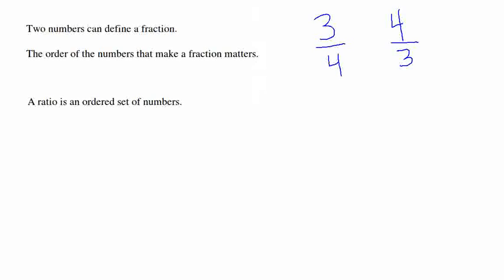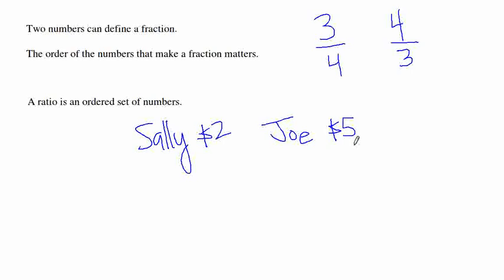All right? Well, suppose that you wanted to communicate how much money two of your friends had. Let's say Sally had $2, and let's say Joe had $5. So to communicate how much those two friends had, you would need to join those two numbers somehow.